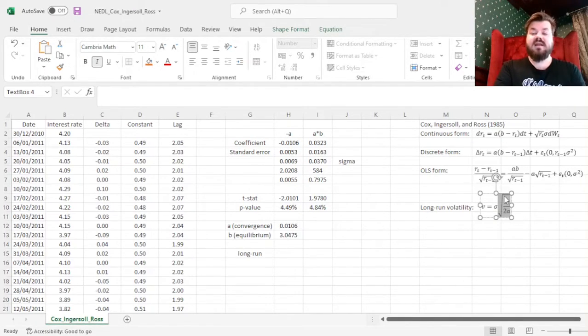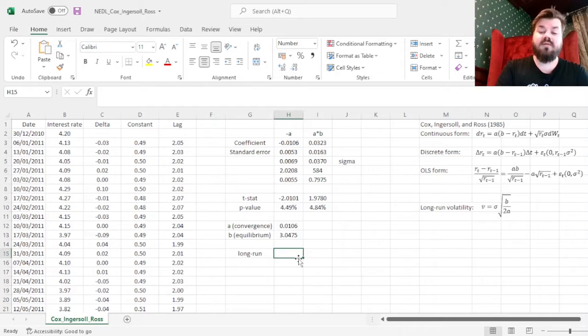Here we can see that in the Cox-Ingersoll-Ross model, the volatility is the higher the value of the long-run equilibrium is, as indeed there is heteroskedasticity that tells you that higher rates result in higher volatility, as well as the convergence term, because the faster the rates converge to the equilibrium, the less long-run disturbance, the less long-run variance there would be. So these parameters, these coefficients of the model have quite intuitive economic explanations behind them.